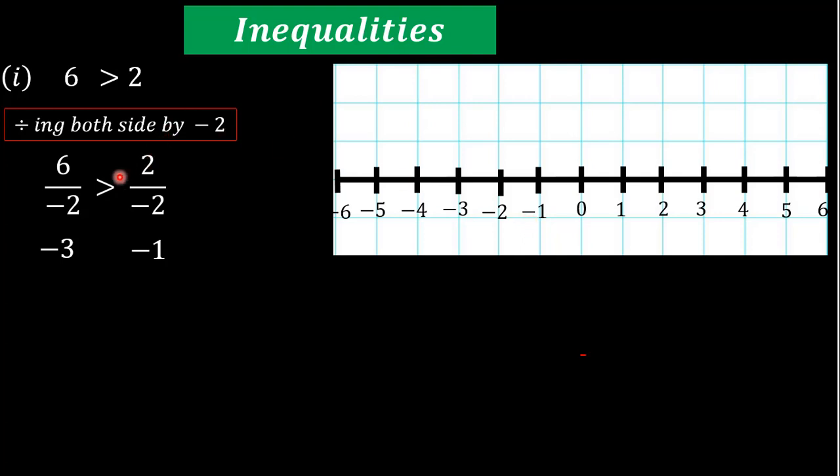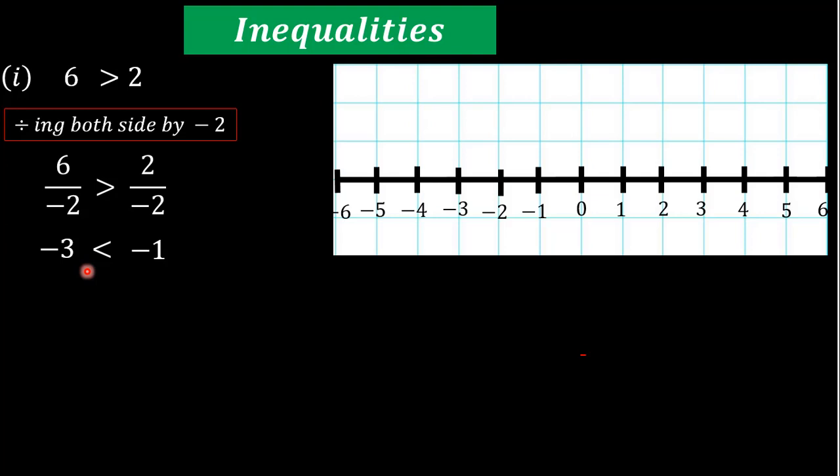So students, this symbol, greater than, has to be reversed. We have to write in place of it the sign that represents less than. So minus 3 is less than minus 1, which is now a true statement. If we don't reverse it, then the statement becomes false, and we have to avoid this mistake.